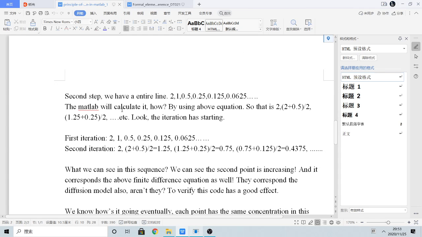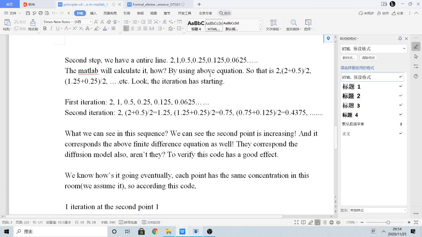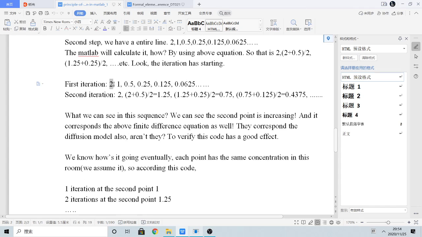And the second step, I didn't capture the curve, but the number should be here. The number should be 2 added to 0.5 divided by 2, which is 1.25, because this is T2.